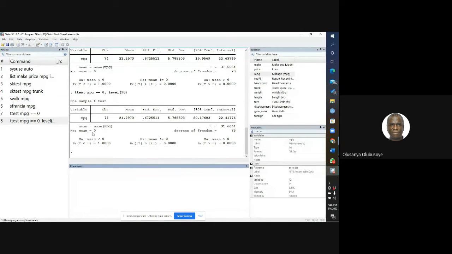So for this MPG, the population mean is not the same as 0. So we reject the null hypothesis that the population mean is equal to 0. And we can conclude that the population mean is not the same as 0. This one establishes that the population mean is actually greater than 0.